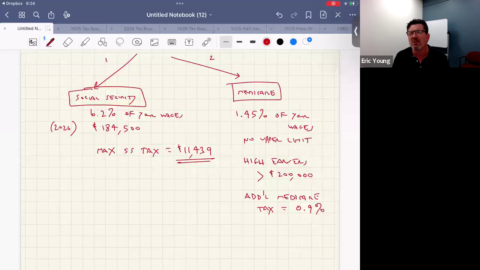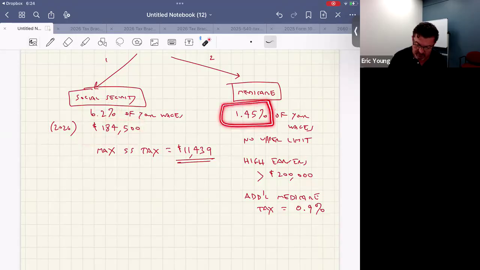Okay, so you can see already this will be kind of confusing. If you earn $100,000, you're going to pay 6.2% of that $100,000 for Social Security, and 1.45% for Medicare. If you make, let's say, $190,000, you're only going to pay 6.2% on $184,500.